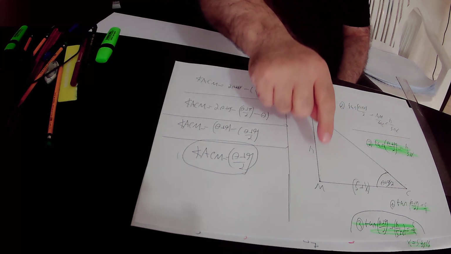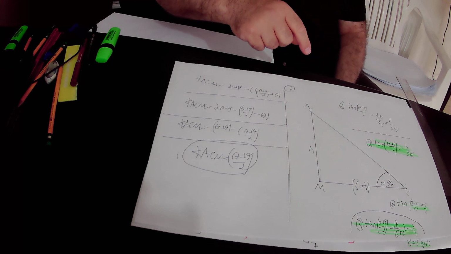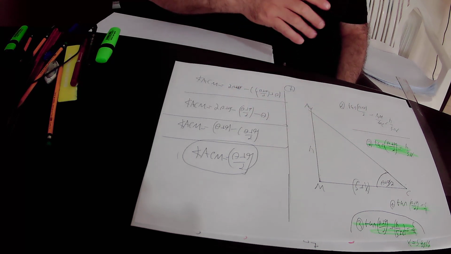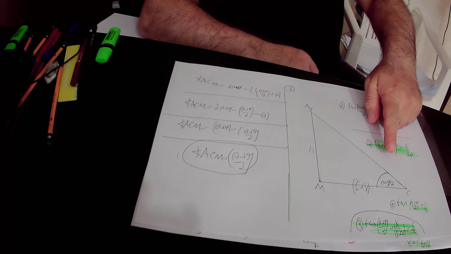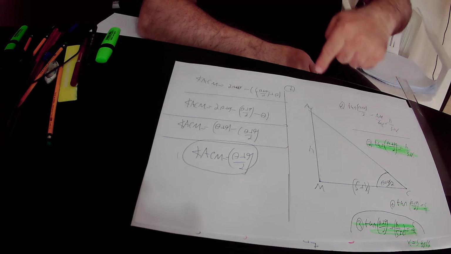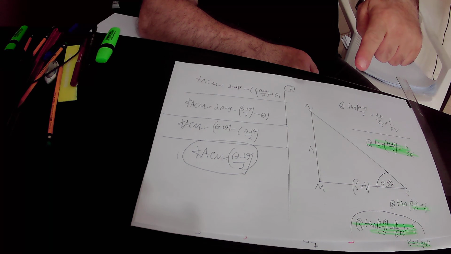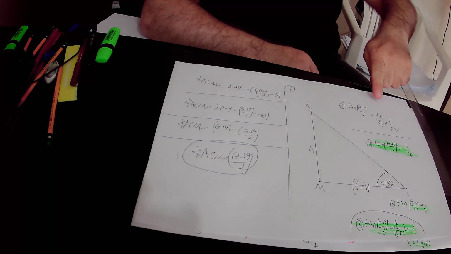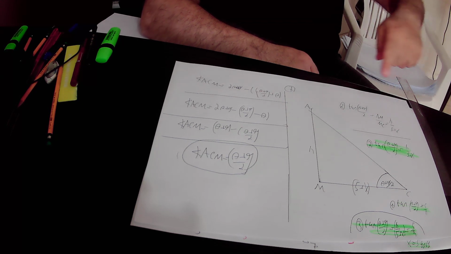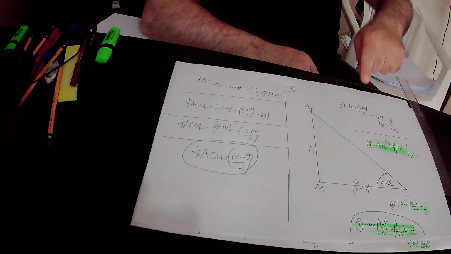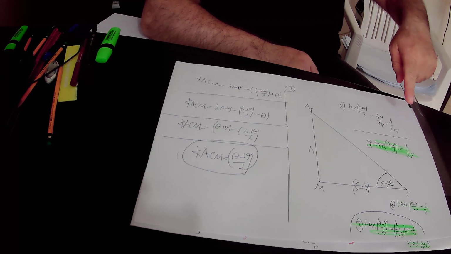We have already found that MC equals x plus 5 and AM equals h according to our definition. So in the triangle ACM, tangent of theta plus alpha over 2 will be equal to AM over MC. But AM equals h, MC equals x plus 5. So according to equation number 2, tangent of theta plus alpha over 2 equals h over 5 plus x.